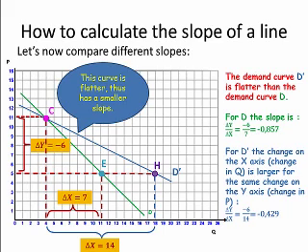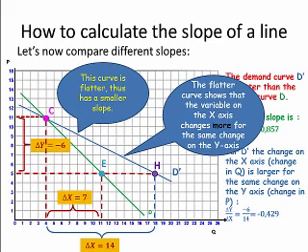This curve is flatter, thus it has a smaller slope. The flatter curve shows that the variable on the x-axis changes more for the same change on the y-axis.